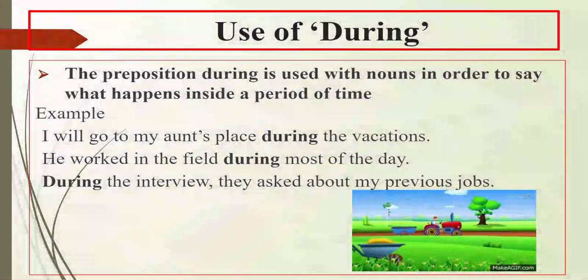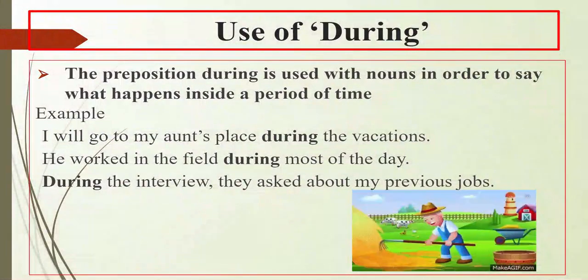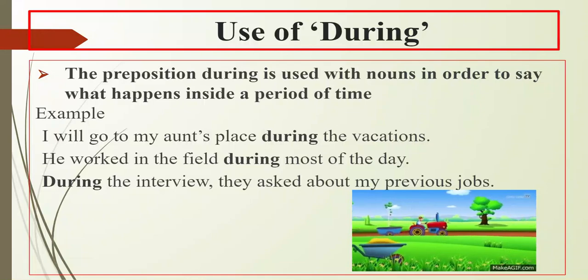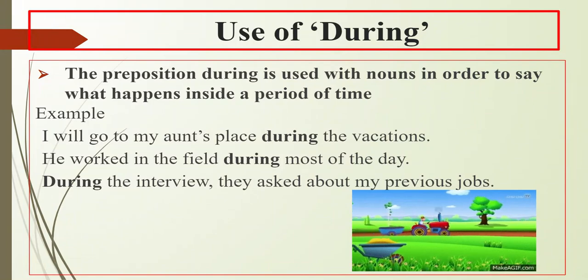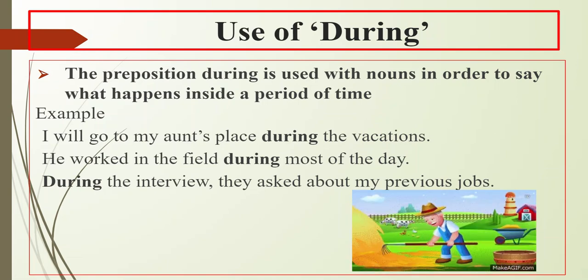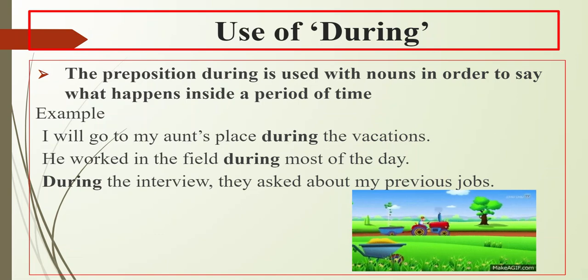Next comes use of during. Where do you use this? This preposition is used with nouns in order to say what happened inside a period of time. Means during this period, I was in Shimla, or maybe during this period, I had gone out for vacation.